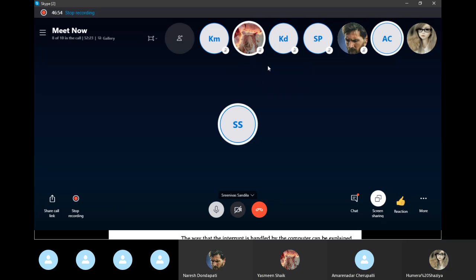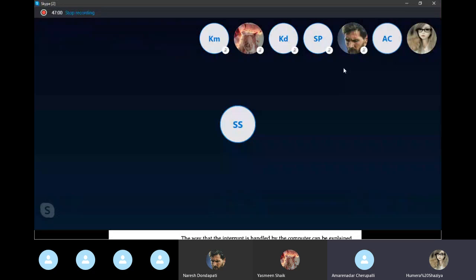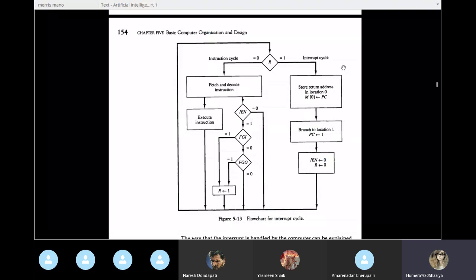You raise your hand. When you raise your hand, the teacher will understand that the student is having a doubt. And then the teacher will stop the discussion of the current topic and address the doubt of the student.